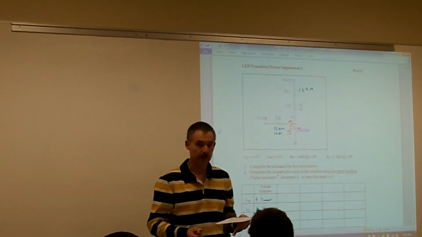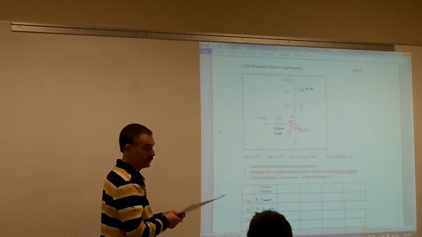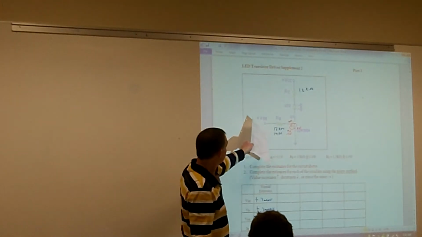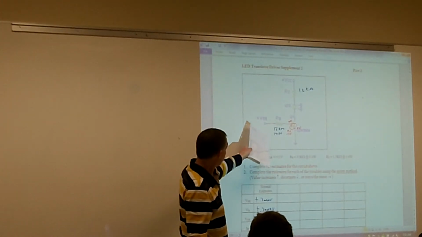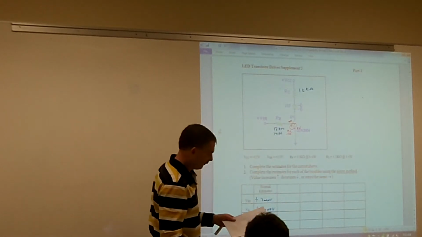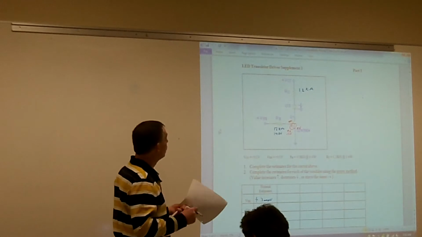Remember, our current is divided depending on our resistor, so it's going to be 14.3 divided by 12K.